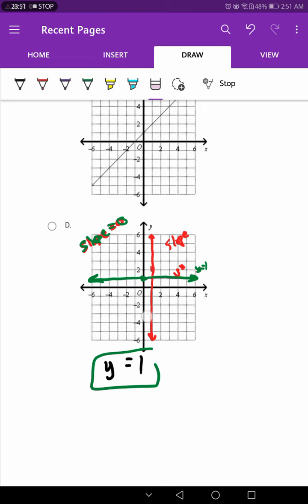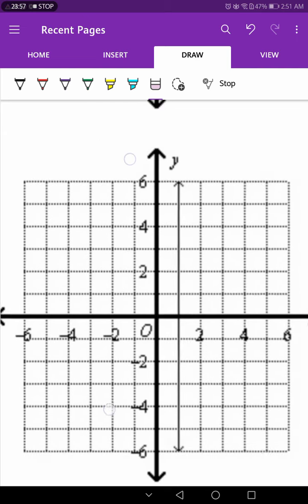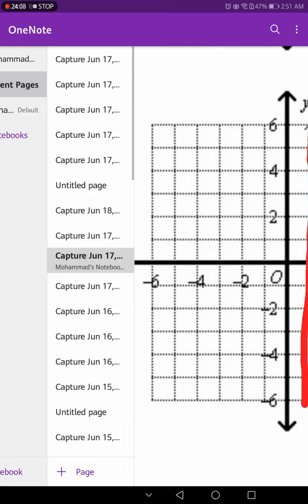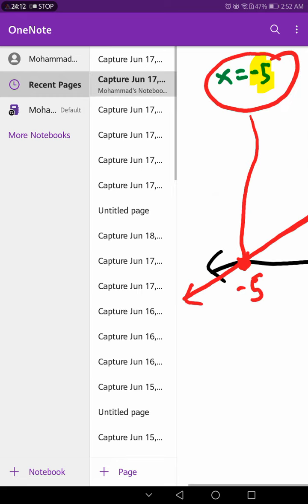But the device is still corrupted. So see, this is the line x equals 1. So this line represents the equation x equals 1. Okay, I hope you are happy now. Now we're done with this.